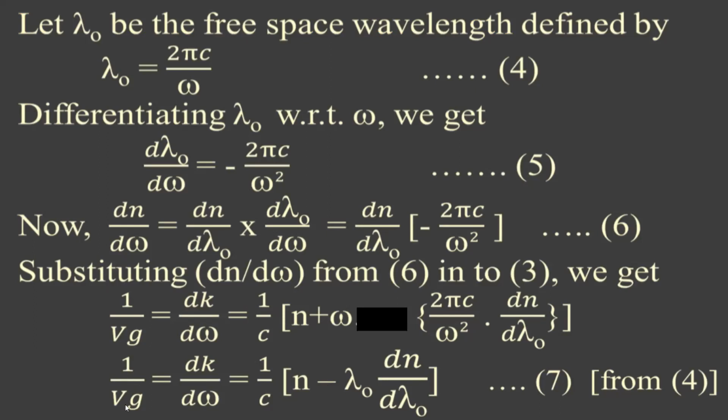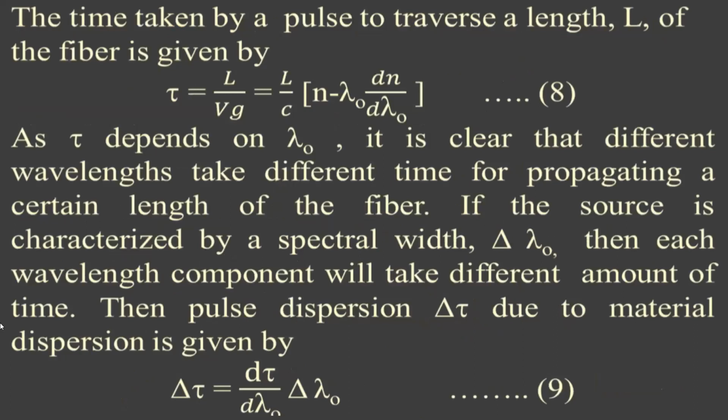The value of 1 by Vg is equal to 1 by C into the bracket n minus lambda naught dn by d lambda naught. The time taken by a pulse to traverse a length capital L of the fiber is given by tau. Time tau is equal to L by Vg. It is the normal definition of velocity.